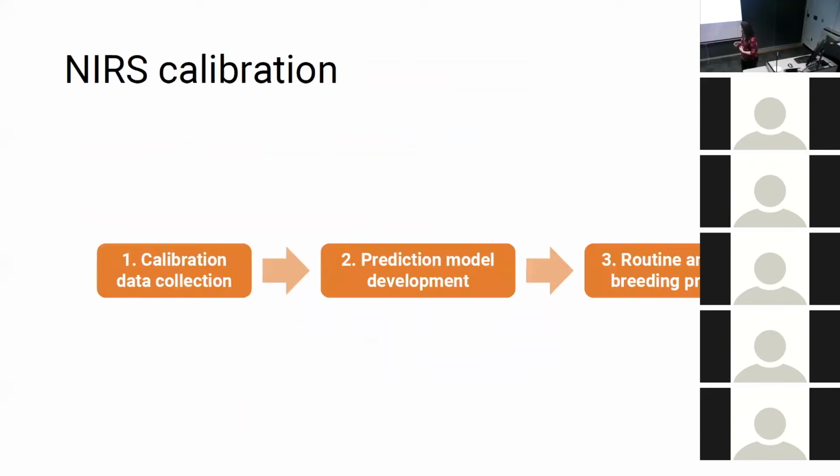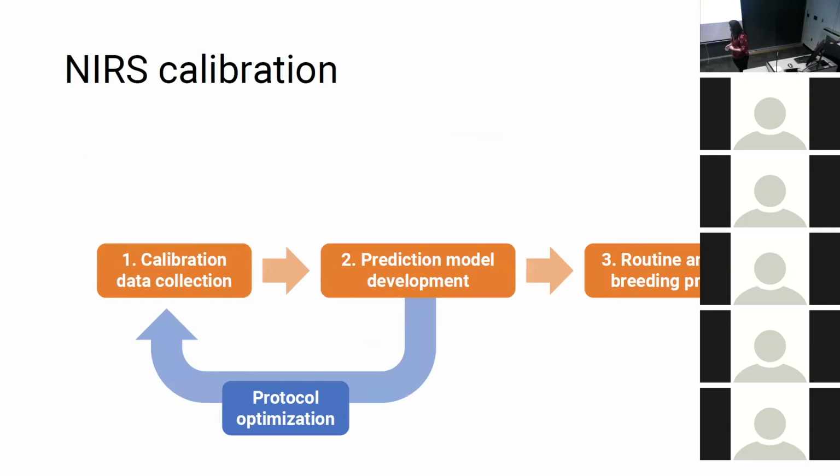And so in my case, this looks like 3 main steps. First, the calibration data is collected, and then that data is fed as training data into a prediction model development pipeline. And once those models are developed, they can be used for routine analysis in breeding programs.